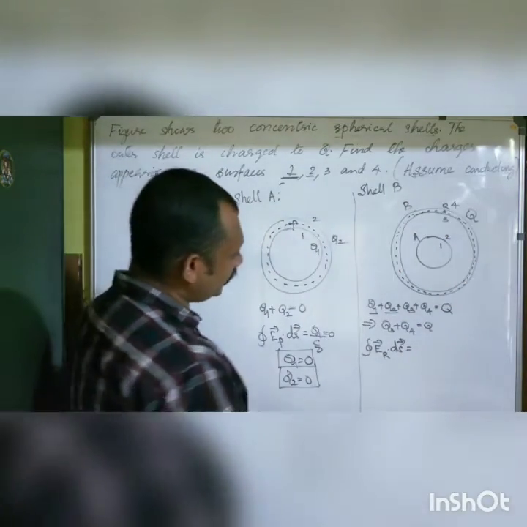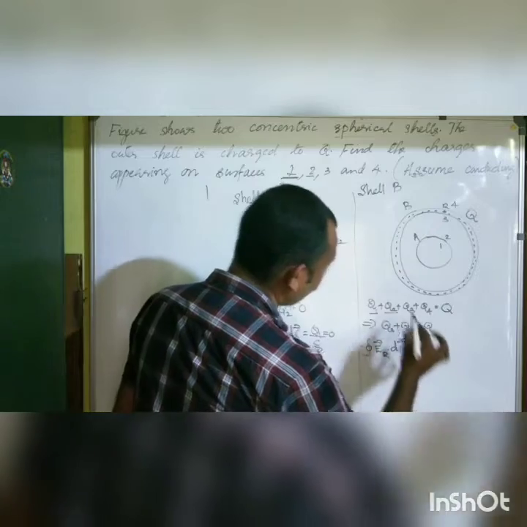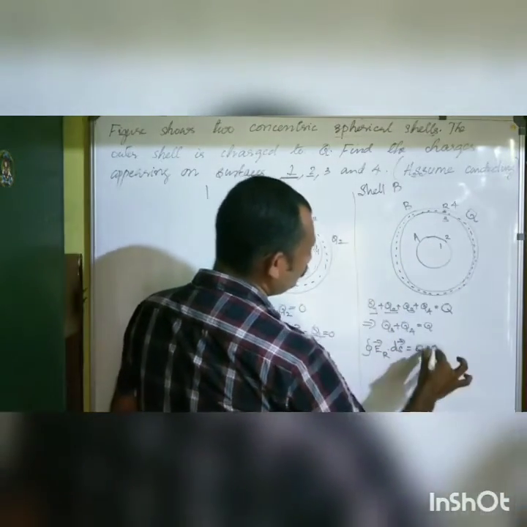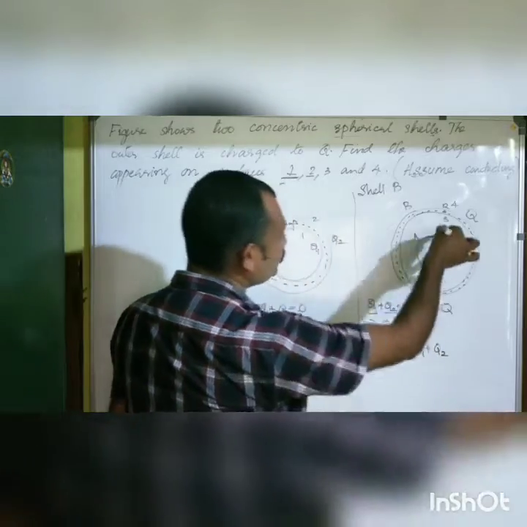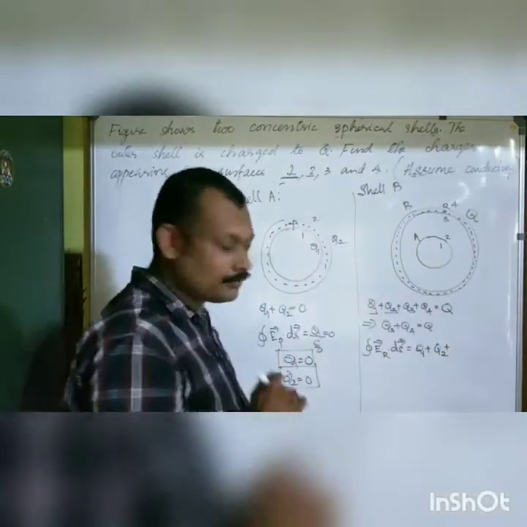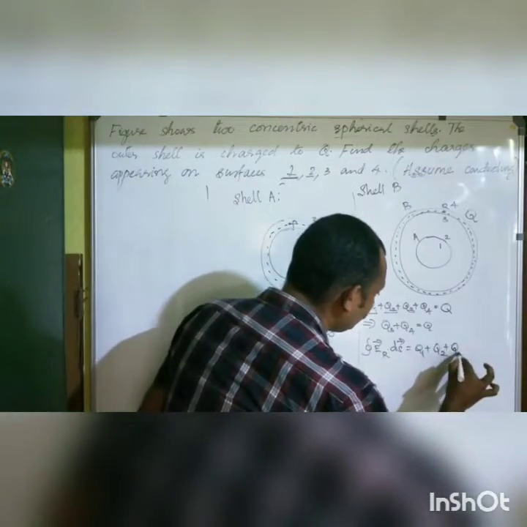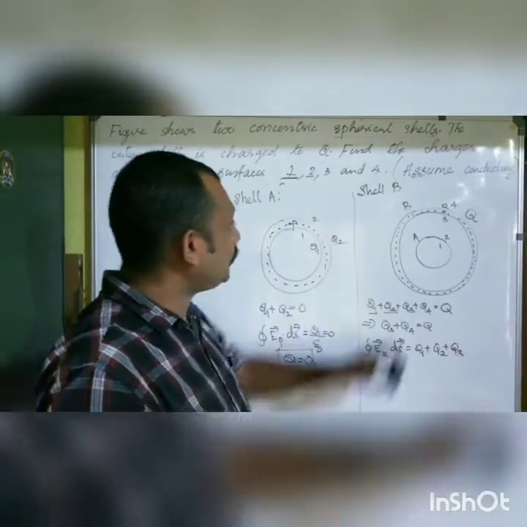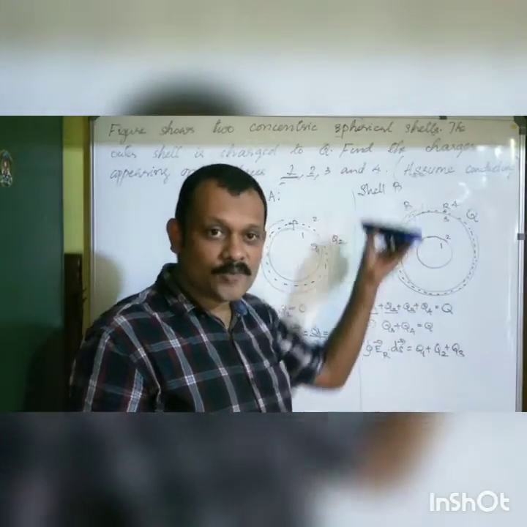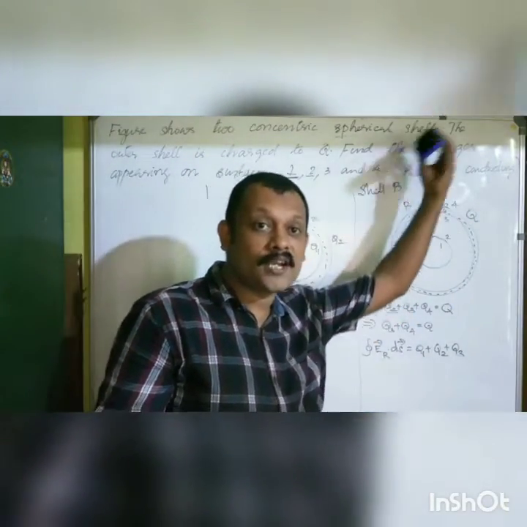Tell me, that is Q1, I think that is inside only. Q2, that is also inside. Then Q3, that is inside. What about Q4? Charge on the surface 4. Is it enclosed by the Gaussian surface, or is it outside the Gaussian surface?